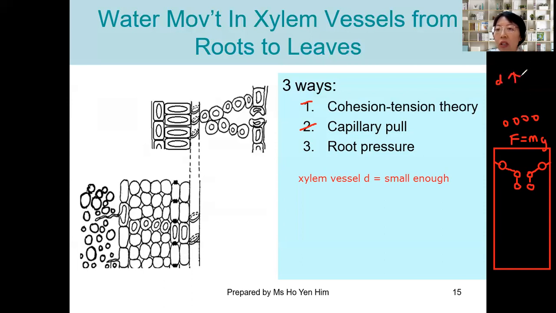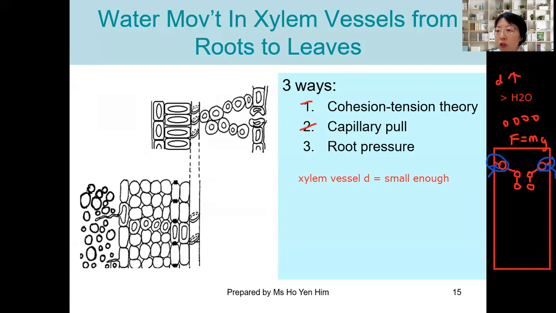With more water molecules in the center, the force from gravity that pulls the water down becomes stronger. So the force of the hydrogen bond between the water molecules and the wall, due to this bond here, will not be strong enough.